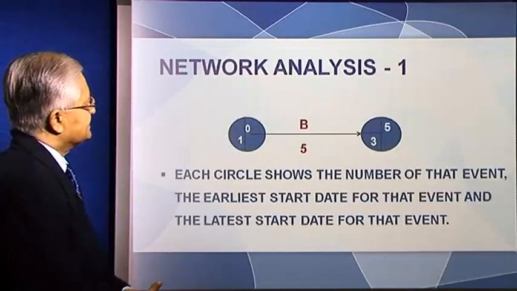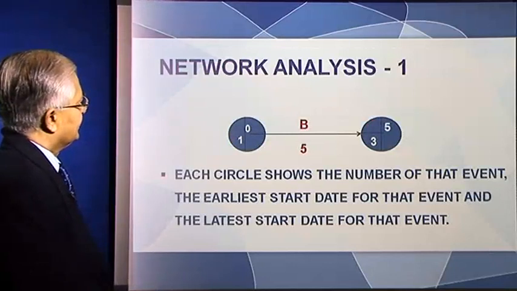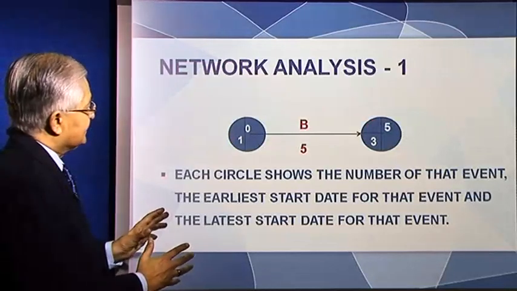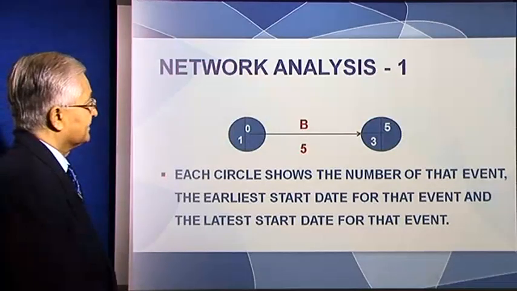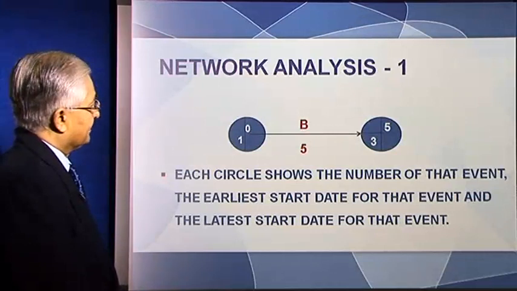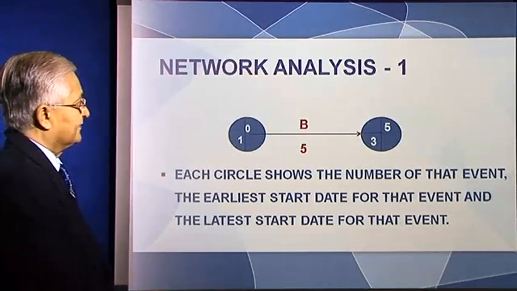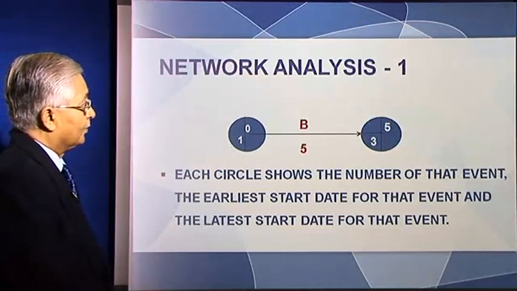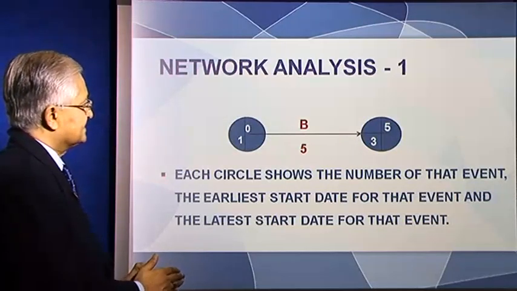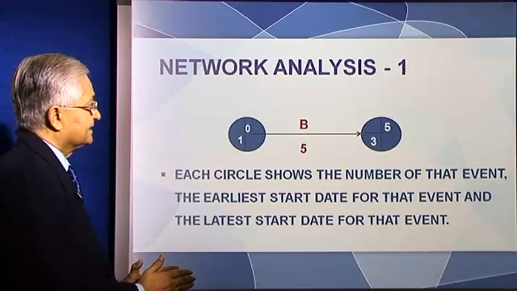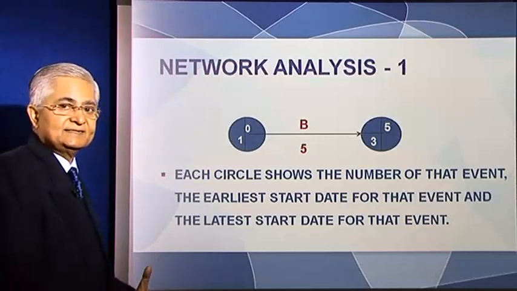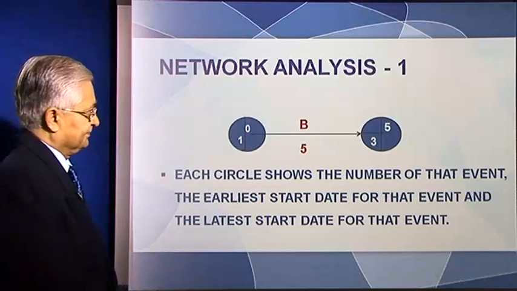Now, in analyzing this network, you will see that the circle can give a lot of information, because apart from the number of the event, the circle can also tell us when is the earliest that the circle can be reached and when is the latest that the circle can be reached.